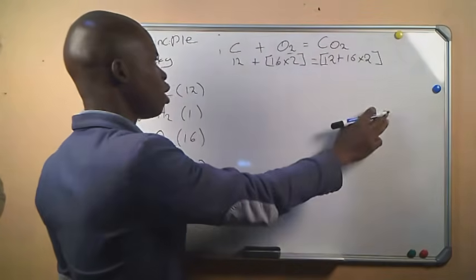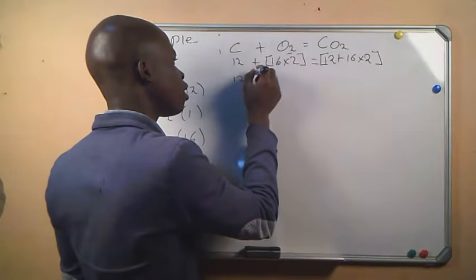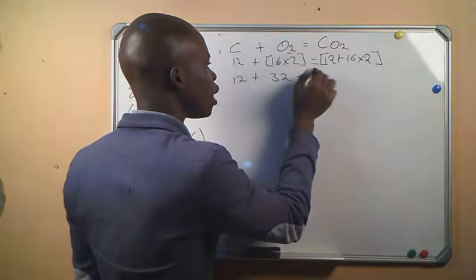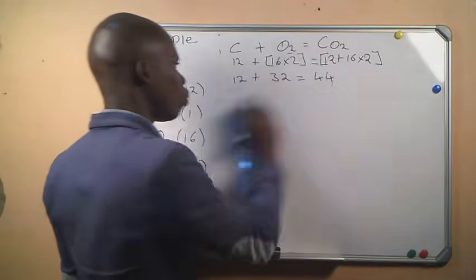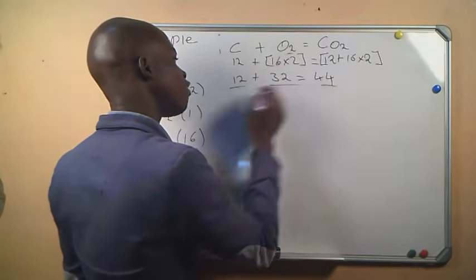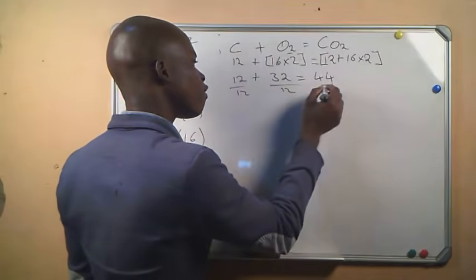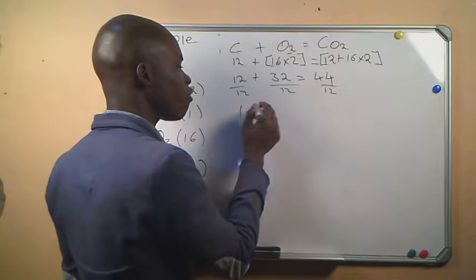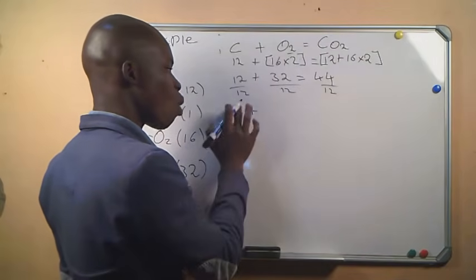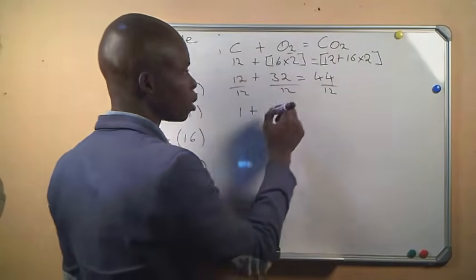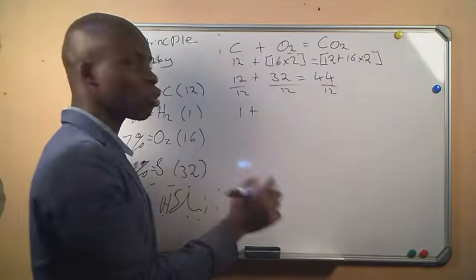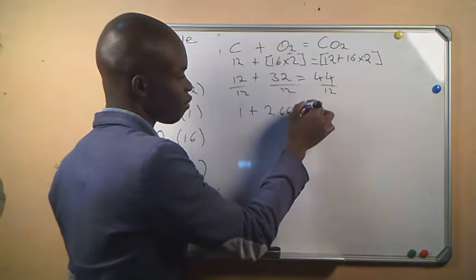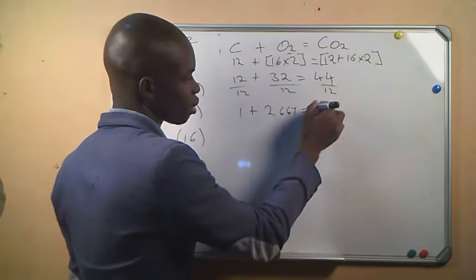And then we simplify, which will give us 32 and then 44, which we then divide throughout by 12. We divide by 12 because we want the amount of oxygen that will be used to burn 1 kg of the carbon. Dividing 32 by 12 gives us 2.667, equals 3.667.